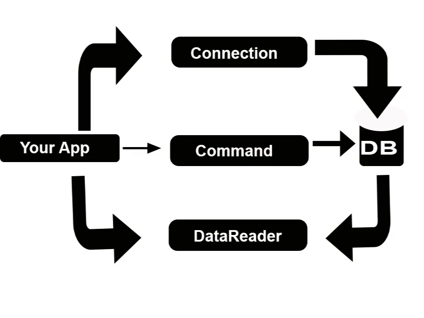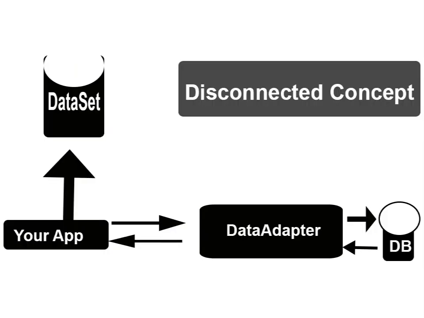In the disconnected concept, an ADO application makes use of a dataset object, which is an in-memory representation of the external database. Basically, what happens is that the ADO application will open a connection to the database and select all the data it's going to need for use.